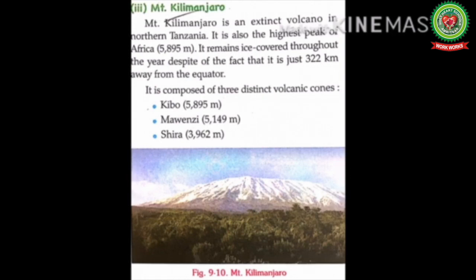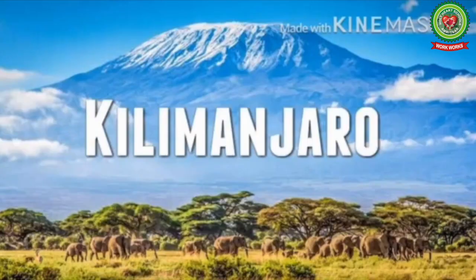It is composed of 3 distinct volcanic cones: number 1, Kibo, number 2, Mawenzi, and number 3, Shira. Though Mount Kilimanjaro is situated near the equator, its peak is always covered with snow because it is located at a height of 5,895 meters. The temperature decreases with increase in height due to lapse rate.